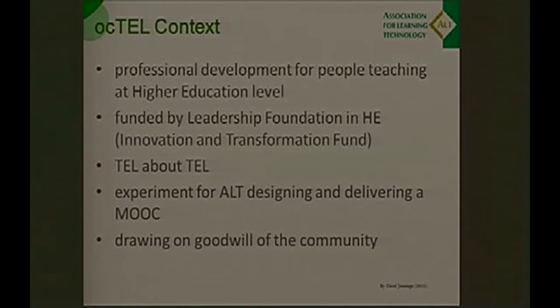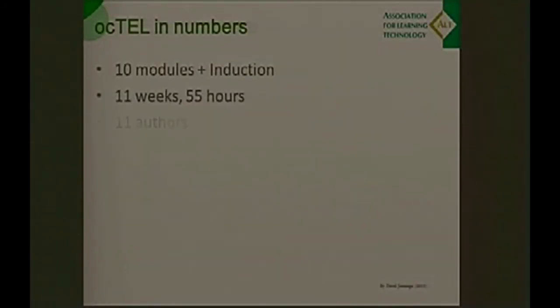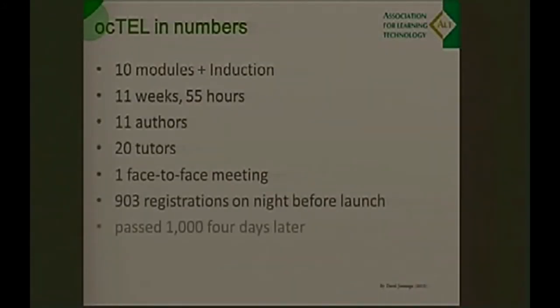We did use Blackboard Collaborate, but we could have quite easily used Google Hangouts to do all that, so there would again be no cost point for it. So there was a wide range of people inputting on this. Registrations, we had 900 registrations before launch. Considering that there are only 1,400 Alt members, I think that's quite a good hit in terms of the registrations.